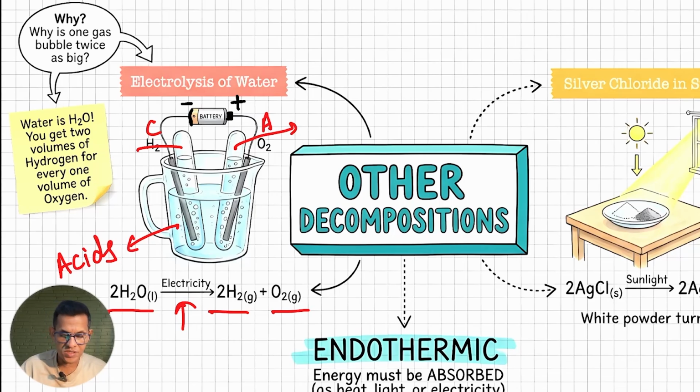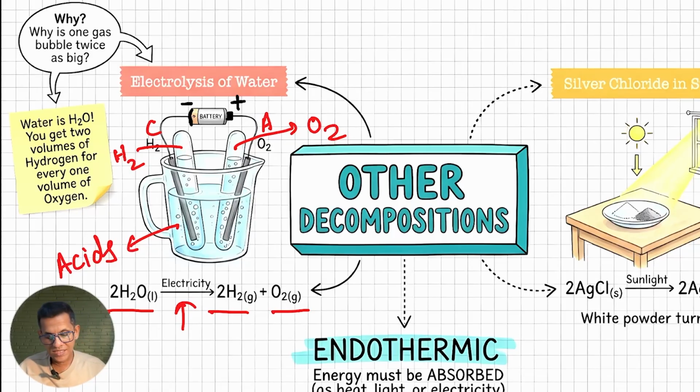Now oxygen will be released at anode, whereas hydrogen will be released at cathode during this particular reaction, and both these gases will start collecting in the test tube. As the gases are collected into the test tube, the water will be pushed down, so the level of water in the test tube will start decreasing. That's how you know that the gases are being collected.